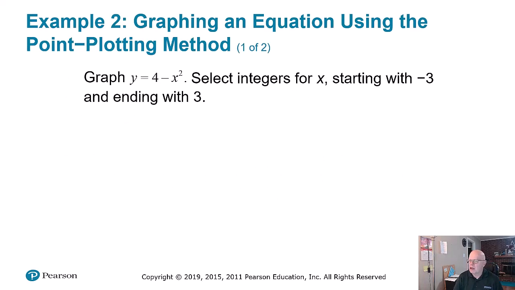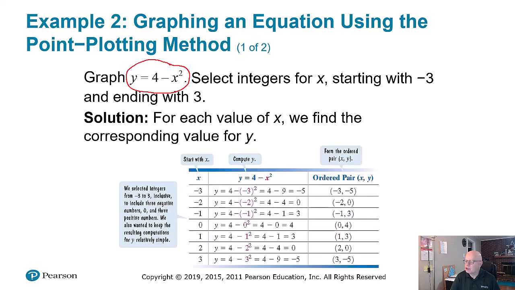We've got an equation, y = 4 - x². Pick the integers you want to start with, the ones that will be x. For example, you might choose -3 through +3. Put those x values in one column, the first column normally, and the equation is going to tell you how you get the second coordinate for each of those points.